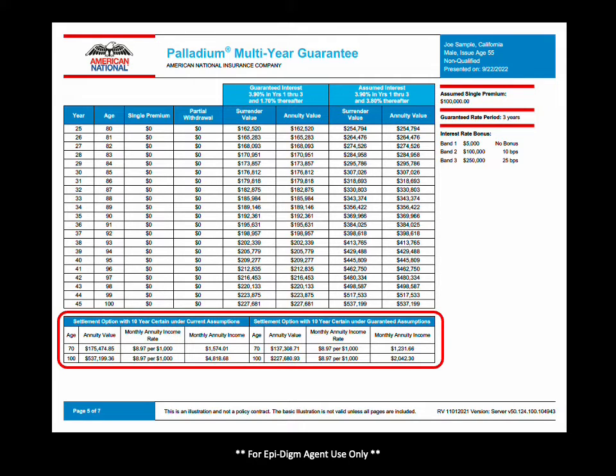And this is true with all types of annuity. Okay? So I thought that I might want to show you, because I do get a lot of questions from agents saying, hey, what is this? The client is asking about this and I don't know what to say.